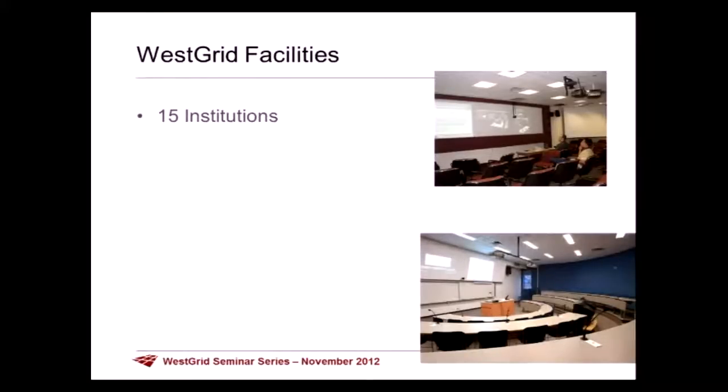Into Alberta, we've got Athabasca, the Banff Centre of the Arts, University of Alberta, University of Calgary, and Lethbridge. Into Saskatchewan, we have the University of Regina and the University of Saskatchewan. And then in Manitoba, we have the Universities of Winnipeg and Manitoba and Brandon University. So we've got advanced collaboration facilities at each of those institutions and technical representatives we can contact.